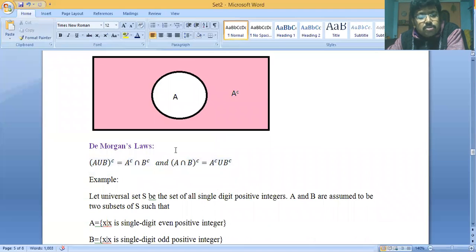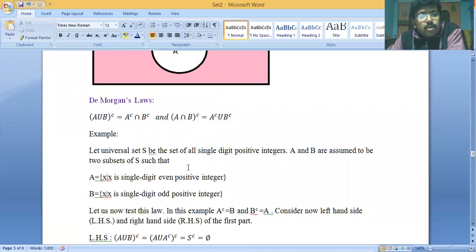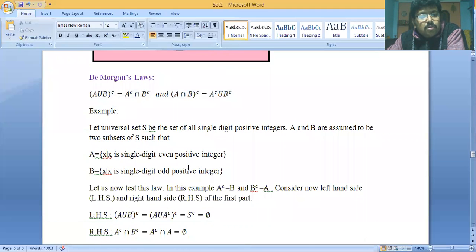Now De Morgan's law. Look at this. De Morgan's law is the complement of A union B equals A complement intersection B complement, and the complement of A intersection B equals A complement union B complement. With an example, I will try to clear this concept.